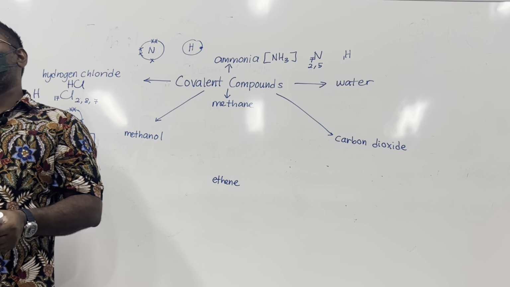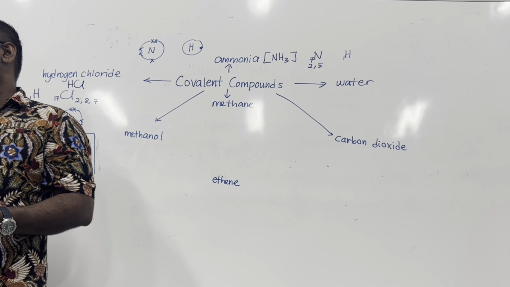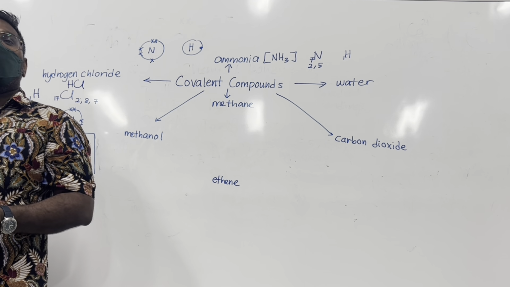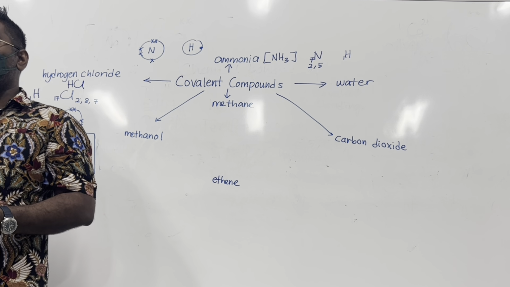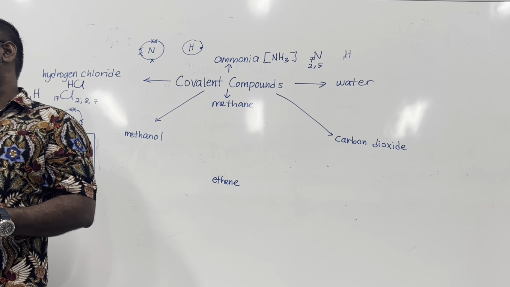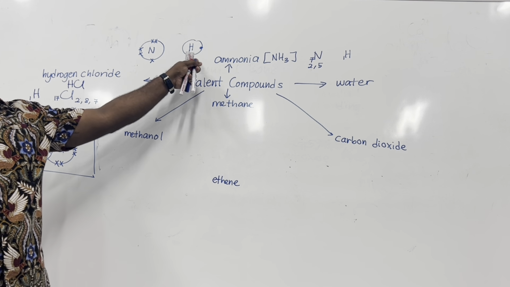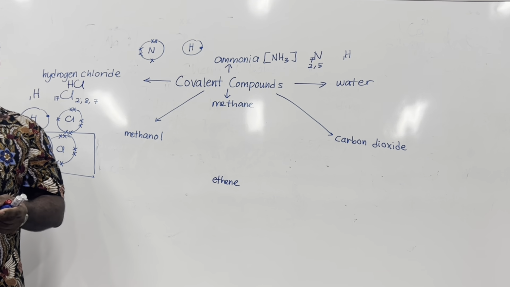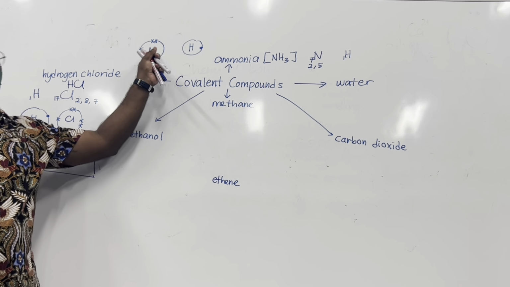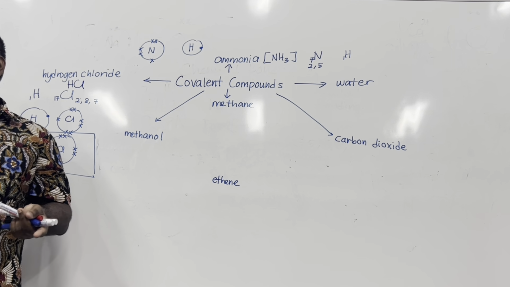So 1 juta is not going to be enough. At least, they need to look for another 3 people so that each of them can give 1 juta, so that you get 3 juta. So in this case, hydrogen is only going to give 1 electron to share, which is not enough.